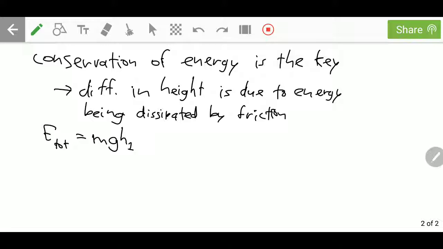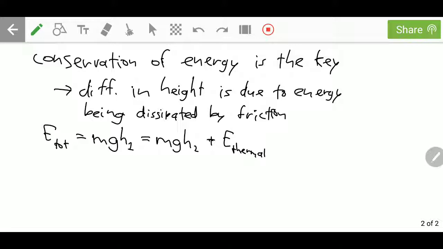Now, that is going to equal the energy at the end, which will be mgh2, plus whatever energy is dissipated by friction, which I'll label E thermal, since the energy that's dissipated by friction basically goes into random particle motion, which is thermal energy.